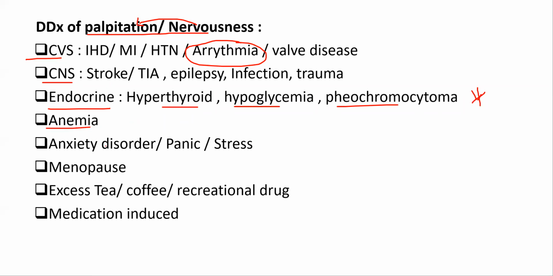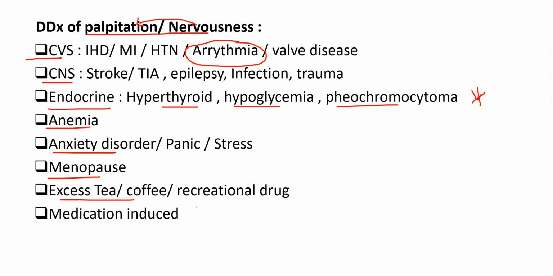Anemia can cause palpitation, so we will rule that out. Anxiety disorder, panic disorder, or any kind of stress can be a very important differential diagnosis to rule out. If it is a patient who is in the menopausal group, especially above 40, menopause itself can present with nervousness or palpitation, so we will rule that out.